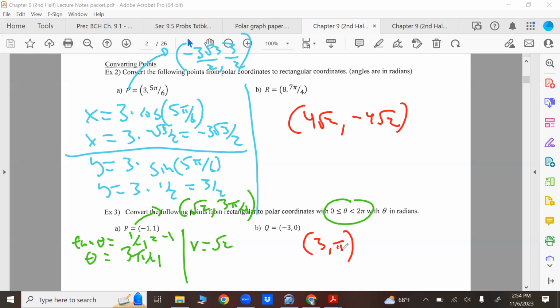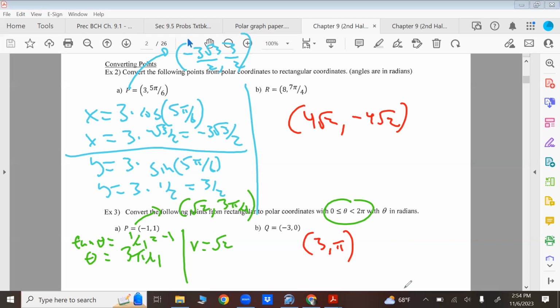Yeah, according to the term, positive x, negative y. 7 pi over 4, cosine gives you positive 3, 0, that's 7 pi over 4. Cosine. Yeah, okay, guys? Negative 3, 0. Negative, because we're on the negative x-axis, through pi, outside the traditional range.